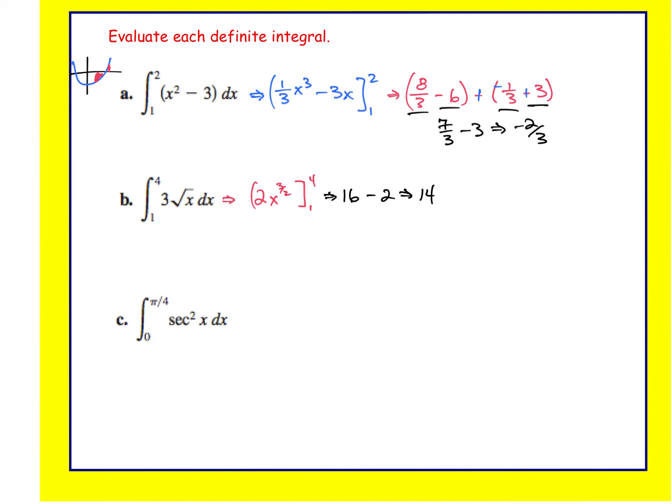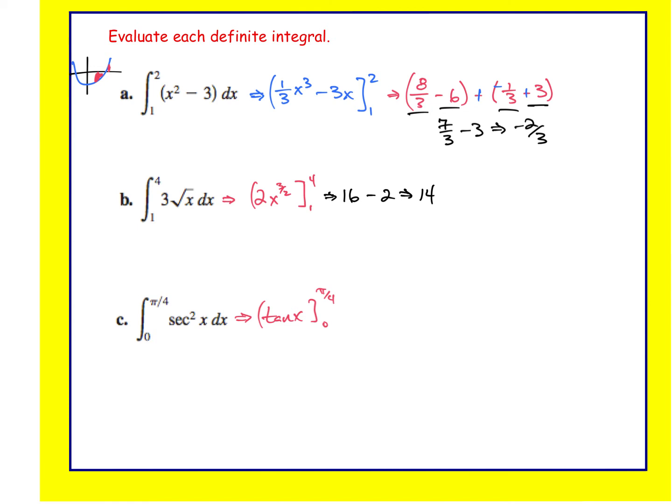Now that we know how to use our calculators, let's do part C. So we have the integral from 0 to pi over 4 of secant squared. So this is kind of on the note card. What is my antiderivative of secant squared? Tangent. So my antiderivative is tangent. And I'm going to be going from 0 to pi over 4. All right. And so now I substitute in pi over 4.